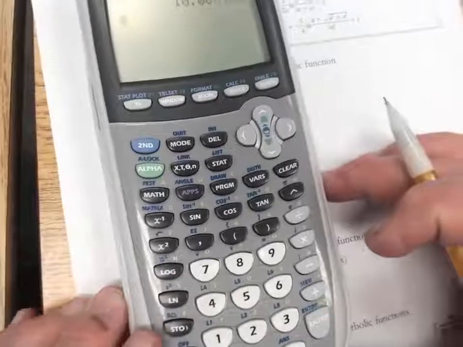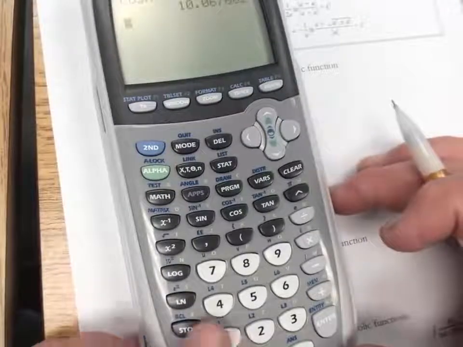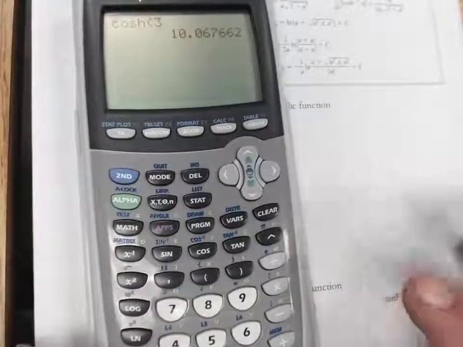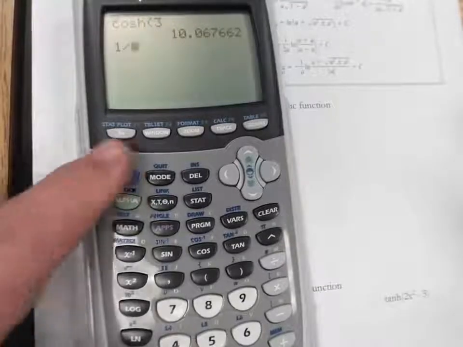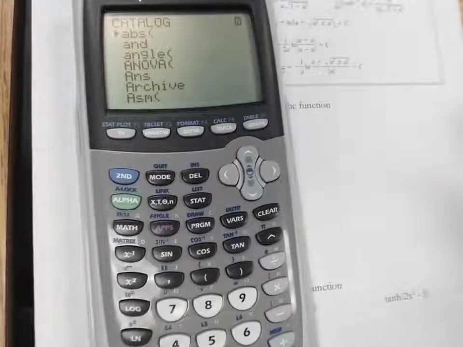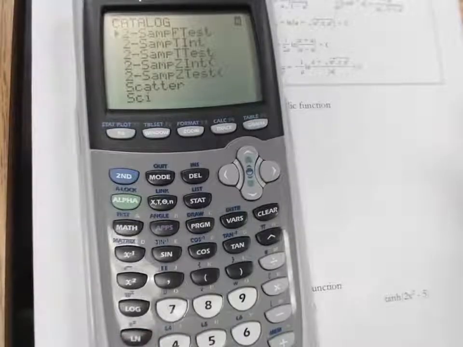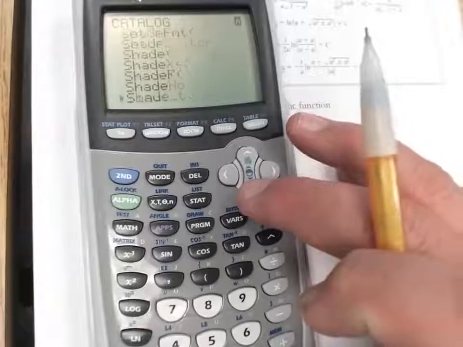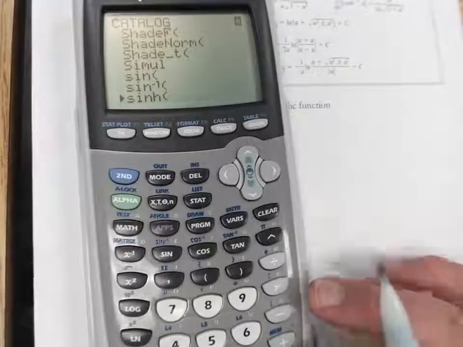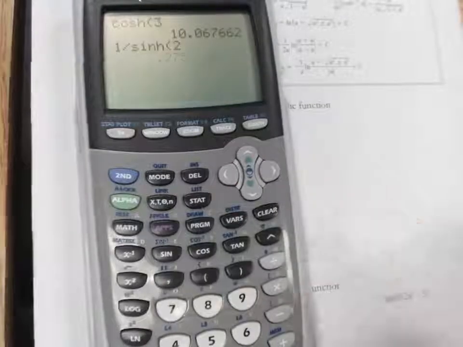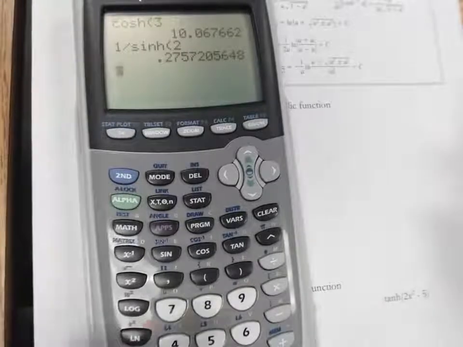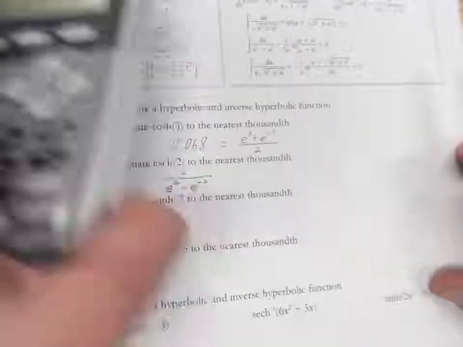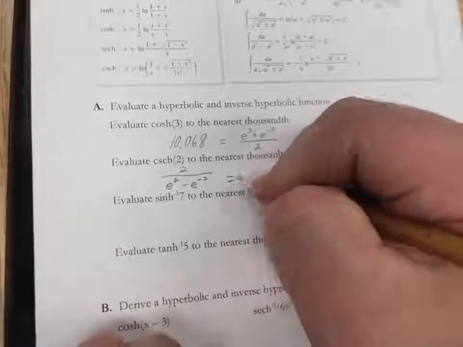Now, if I try it with my trusty calculator, I could do 1 divided by, and then I can go into my catalog, and I'm finding hyperbolic sines, so that begins with S. I'm going to look through the list, being careful I select the right one. And there it is. I'll put a 2 in, and I get the same thing, 0.276 for this one.